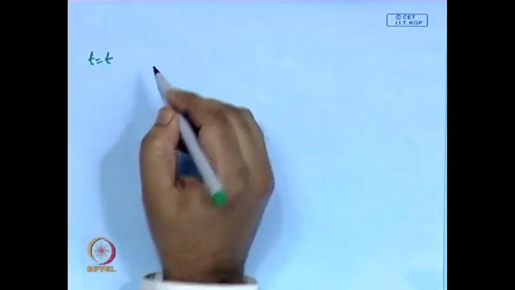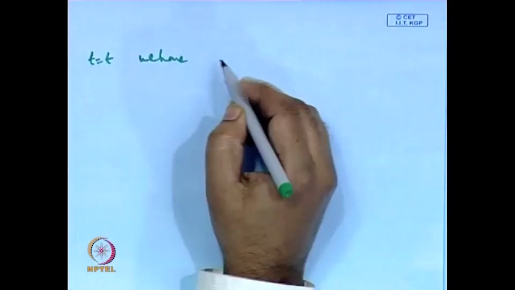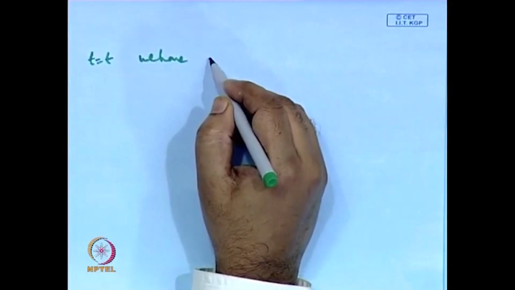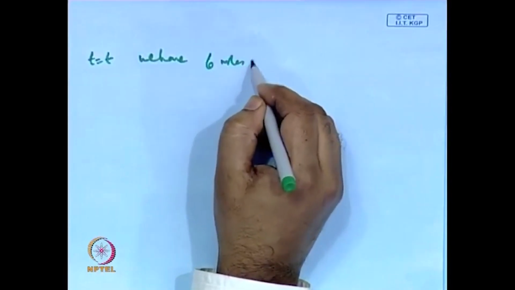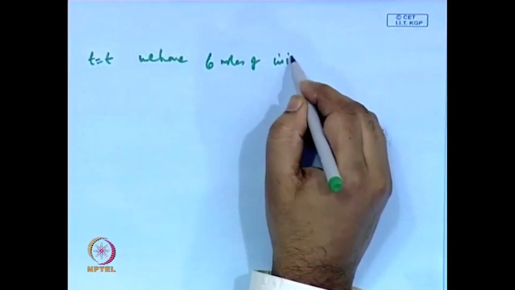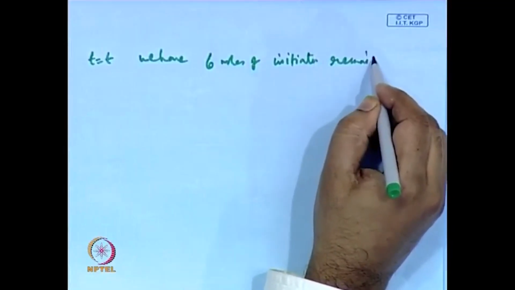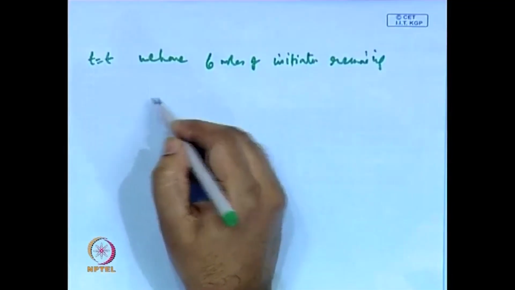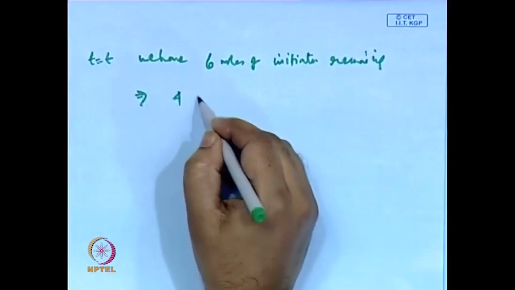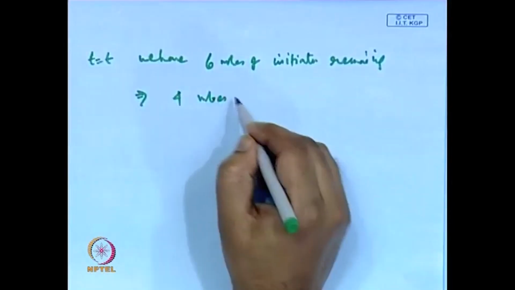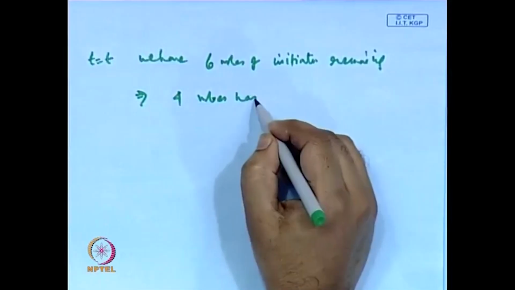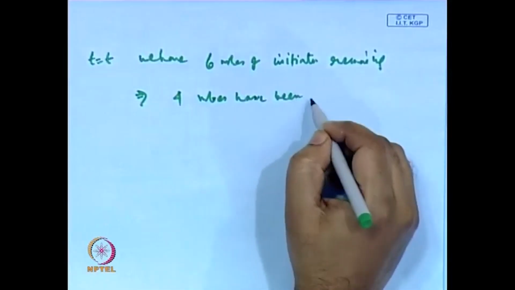At time t we have 6 moles of initiator remaining, which means 4 moles have been consumed.